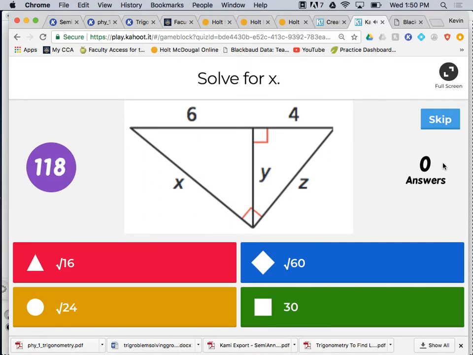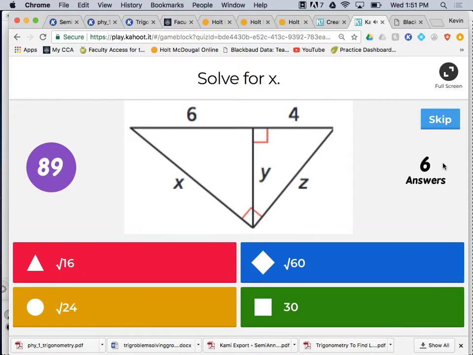Solve for x. Now look. Now you're solving for this side, right? So it's not just 6 times 4 anymore. You got to think, what is it? Times 10. Remember, guys? This is why you should start bringing colored pencils into those tests.